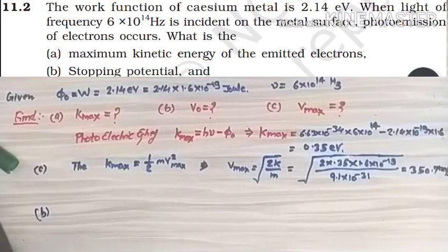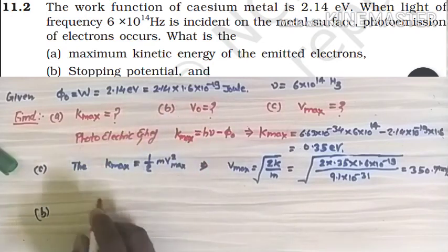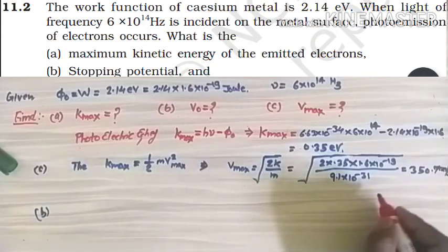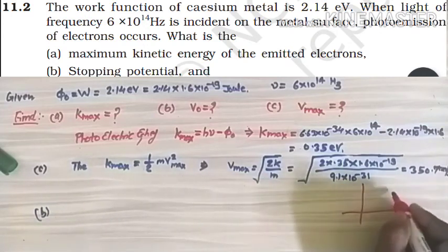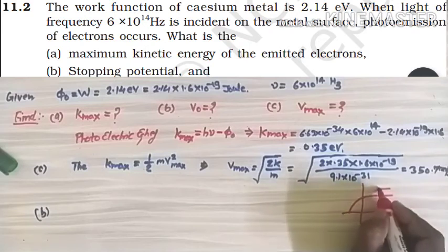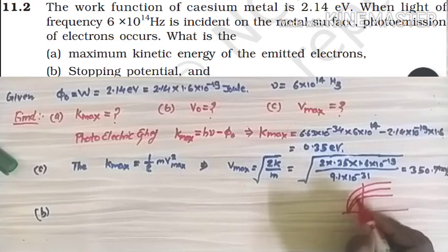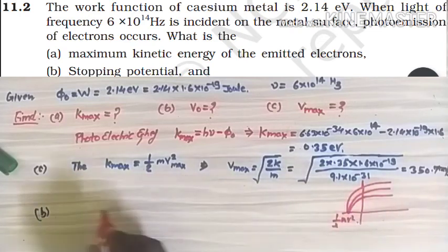Also, students, third part asks what is the stopping potential. The stopping potential corresponds to the maximum kinetic energy. We see that if the frequency is the same but the intensity is different, the stopping potential is the same. So the kinetic energy depends on the cutoff potential.